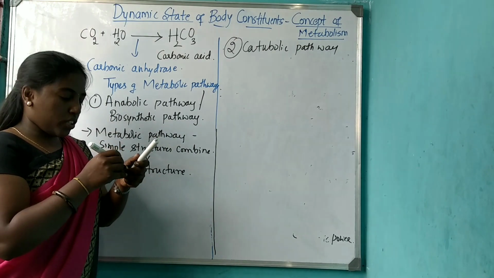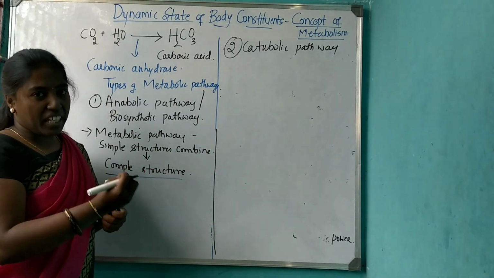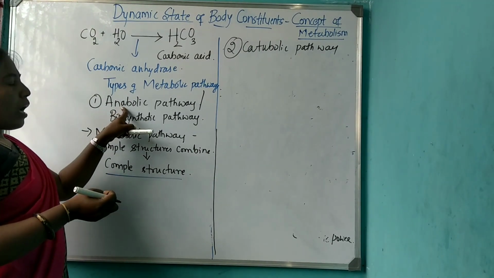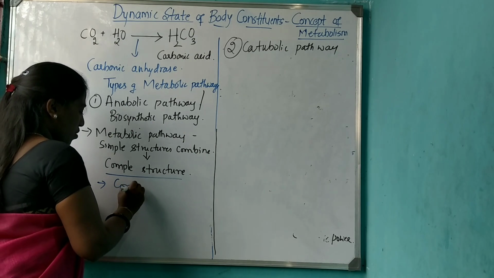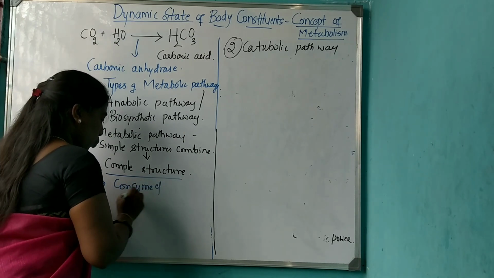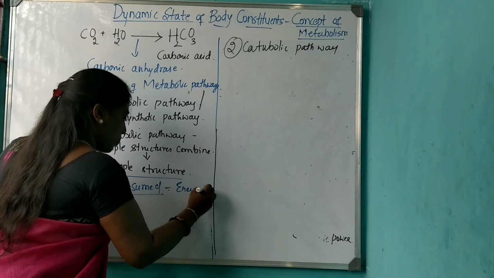The formation of biomolecules here consumes energy. Hence the anabolic pathway is a type of metabolic pathway where energy is consumed.